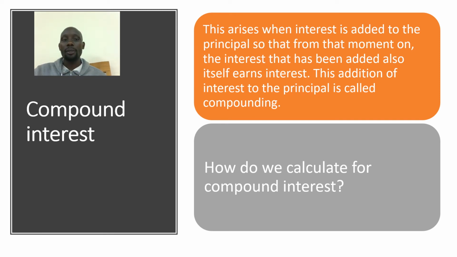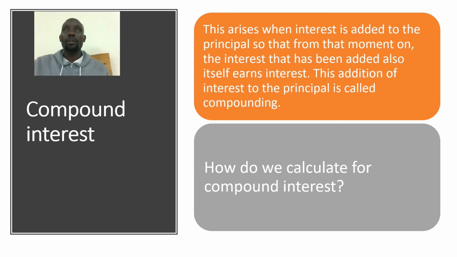Okay, so we are going to move on now to compound interest. Compound interest arises when interest is added to the principal, so that from that moment on, the interest that has been added also itself earns interest. This addition of interest to the principal, we call it compounding.